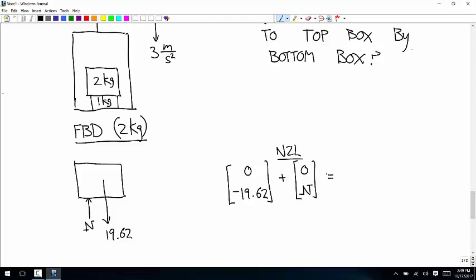And then those are equal to the mass of the chosen body, 2 kilograms, times the acceleration of that box, which is 3 meters per second squared down. So what would that be as an acceleration vector? Yeah, 0, negative 3. Any questions about that?